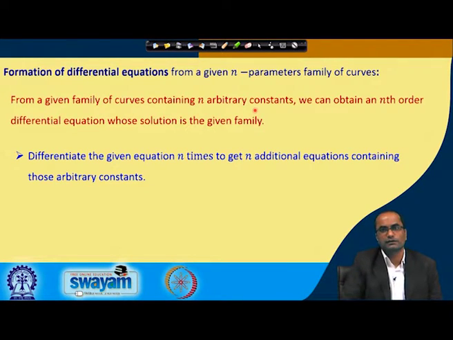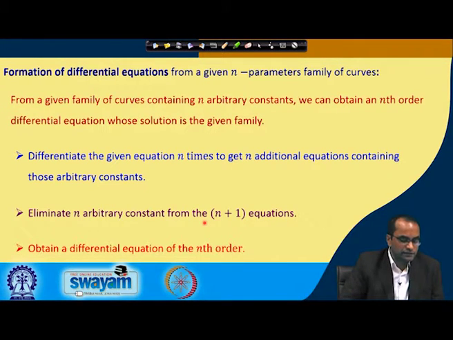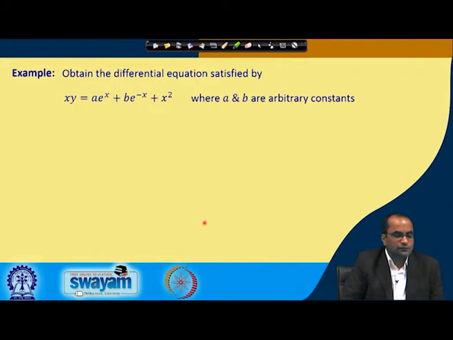Then we get an equation which contains only the derivative terms and the dependent and independent variables, free from the parameters. So, by eliminating them from these n plus 1 equations, we obtain a differential equation of nth order. We will see with the help of examples how this formation works. So, we consider this example now.